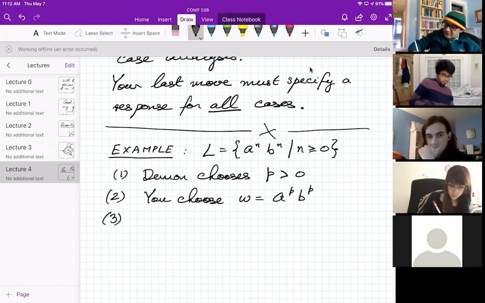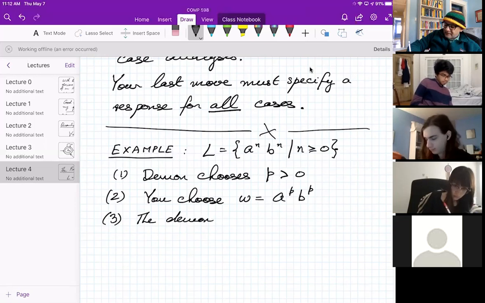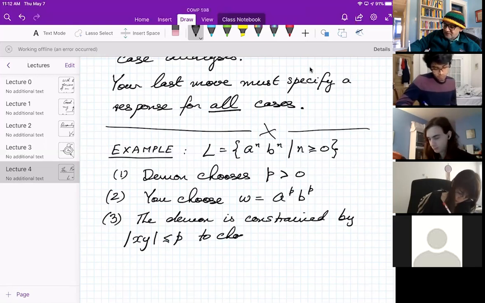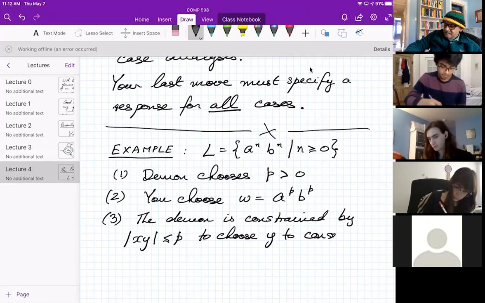Now, the demon is constrained by the length of xy being less than or equal to P to choose y to consist exclusively of a's.